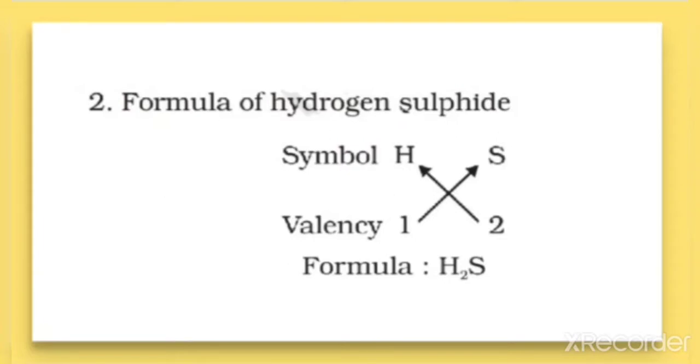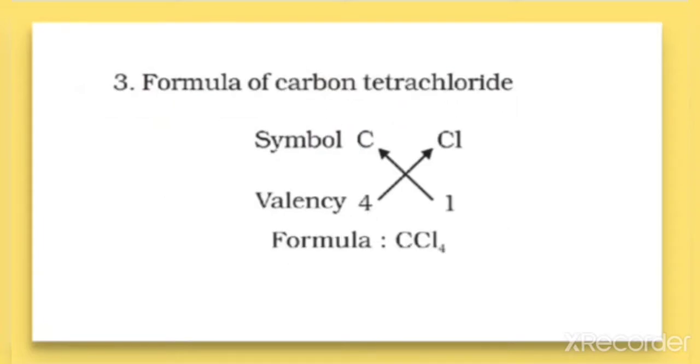Next example, carbon tetrachloride. The symbol for carbon is C, and for chlorine it is Cl. Let us find out the valency of carbon and chlorine, that is 4 and 1.